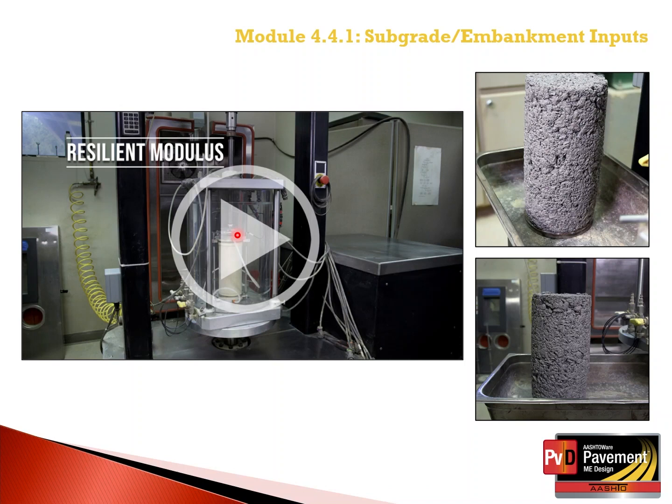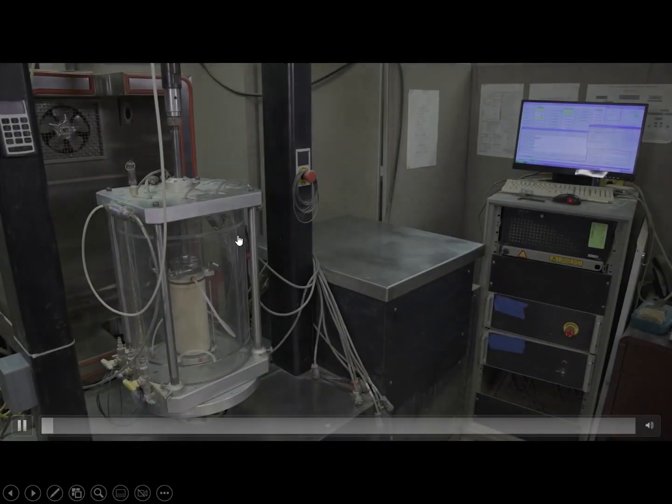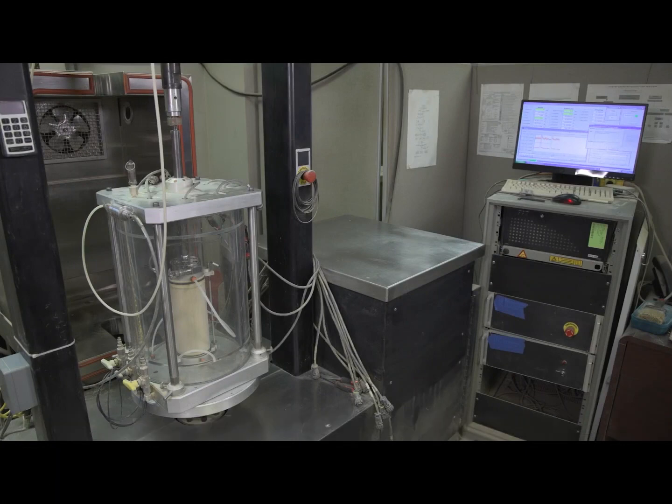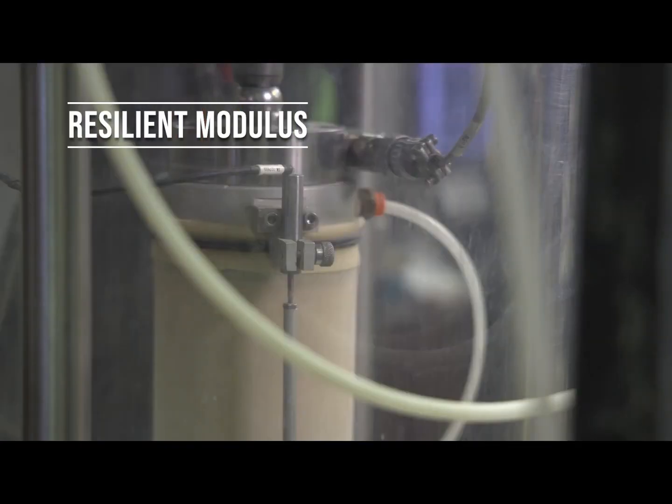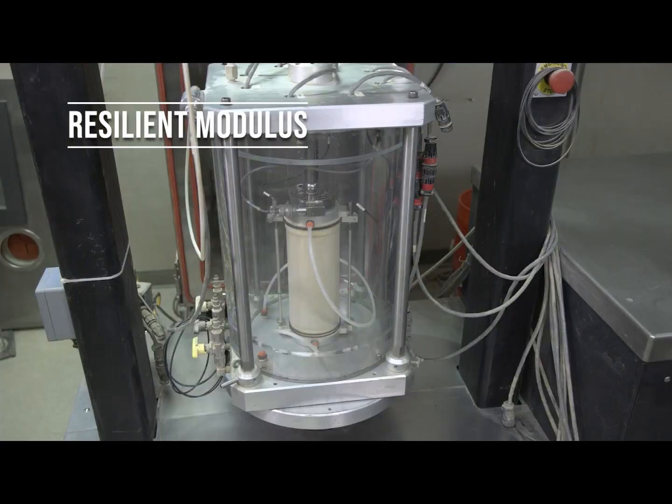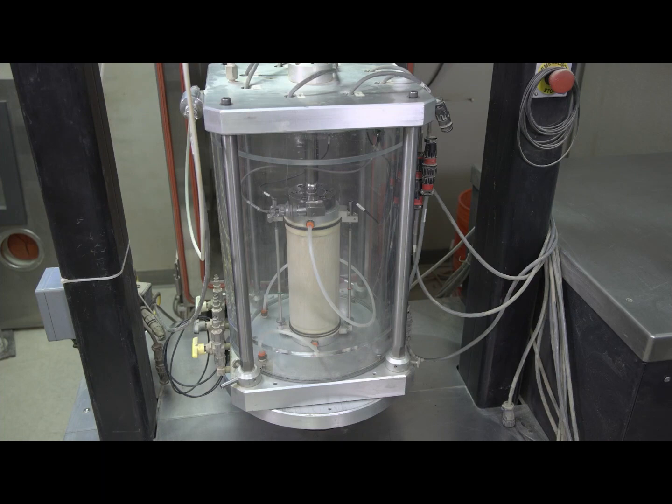This slide is going to show a schematic or an example of running the resilient modulus test in the lab. In other words, it includes a short video clip of an overview of the resilient modulus test and the test specimens, shown without the membrane.